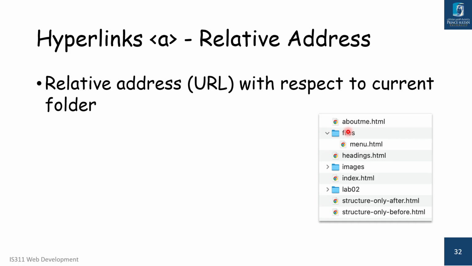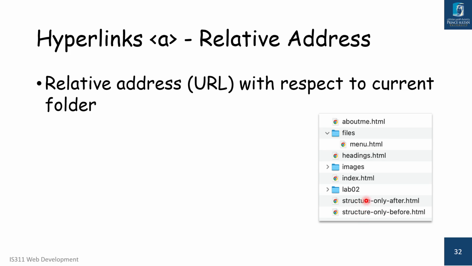Inside we also have a files folder. Inside the files folder we have a menu file, and out in the main folder we also have a headings file and the index file. The files folder contains the menu.html file. We also have the images folder, which does not contain anything right now, to be honest, and we also have the lab 2 folder which contains these two files.